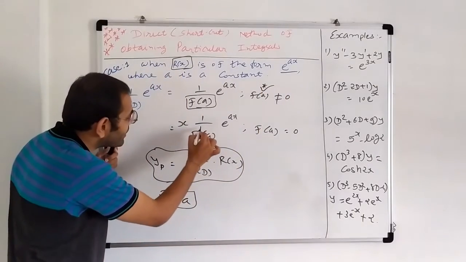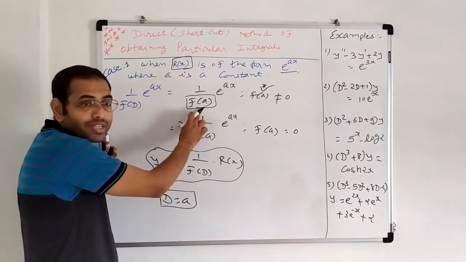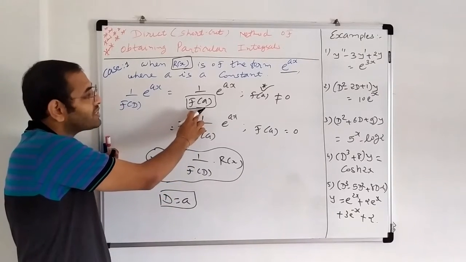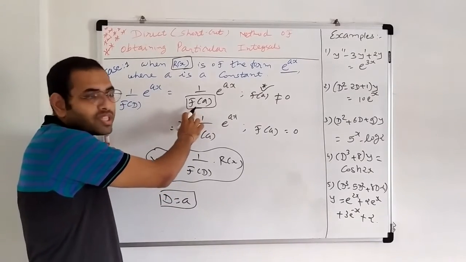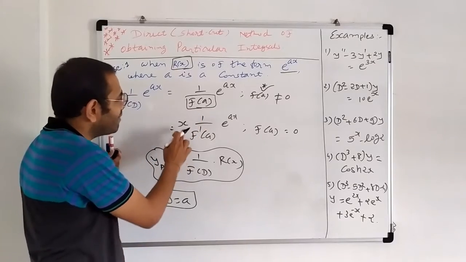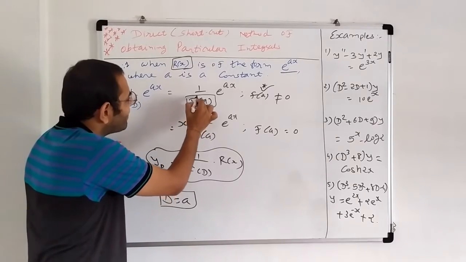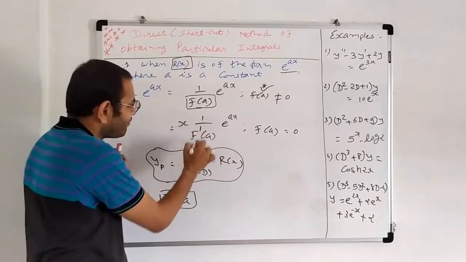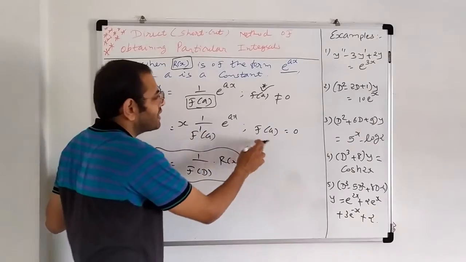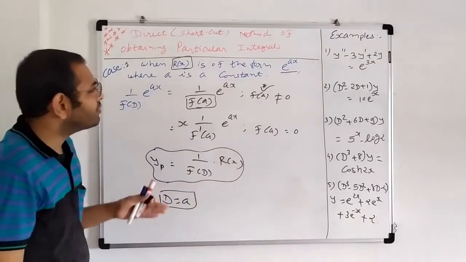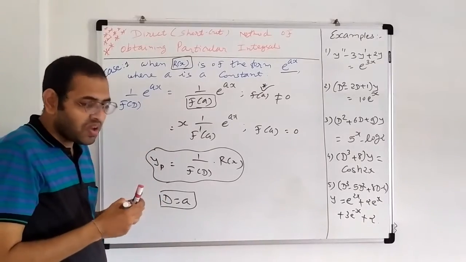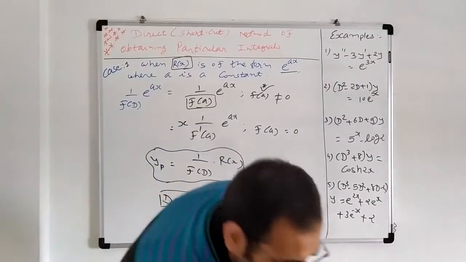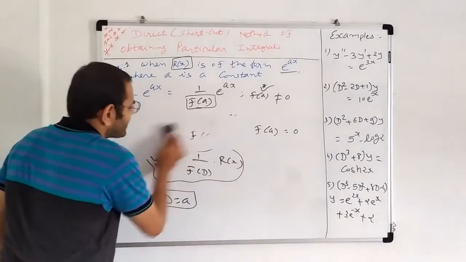If the denominator becomes 0 when D is replaced by a, then multiply with x and take the derivative of the denominator, so we get f dash of D, then replace D by a. We understand these things better with the help of an example.